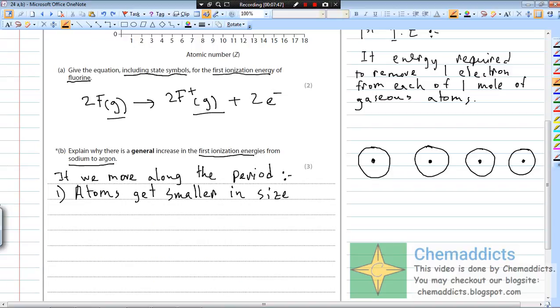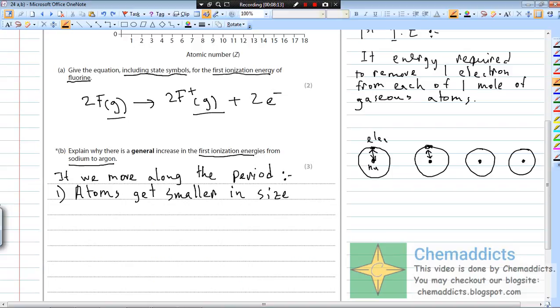So there is an increase in attraction between the outer electrons and the nucleus. This is the outer electron and this is the nucleus, so there is an increase in attraction between this outer electron and this nucleus.